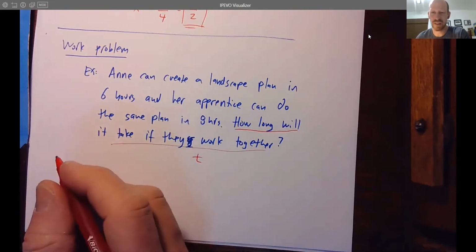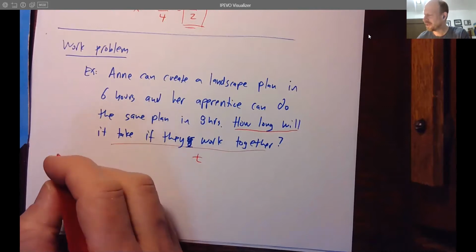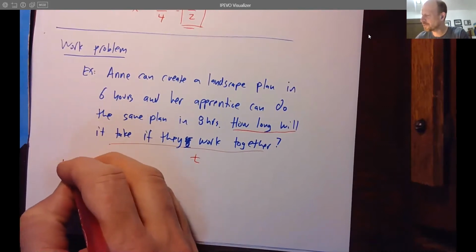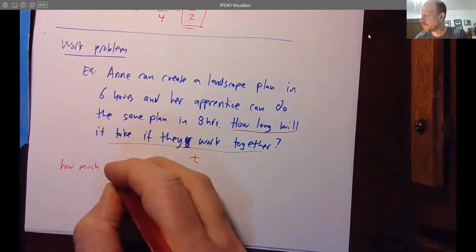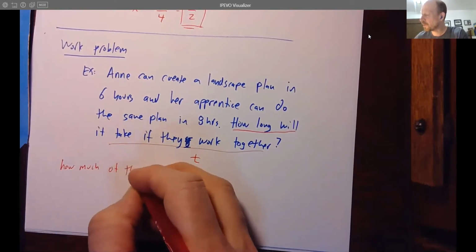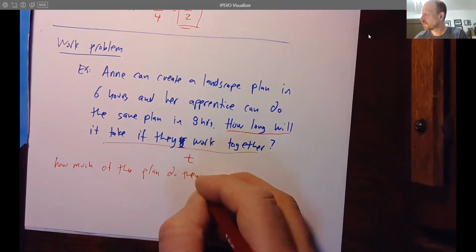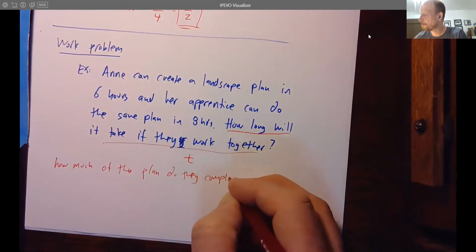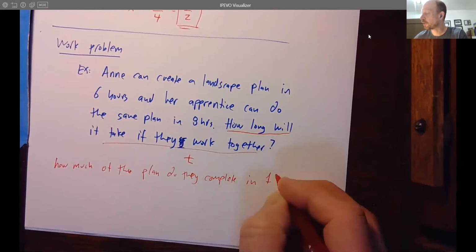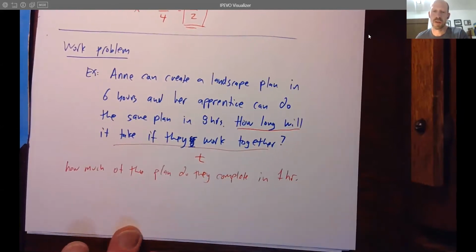And the special technique here is to look at how much of the plan do they complete in 1 hour. Now, again, this doesn't have to be hours. This could be minutes, or any kind of time increment that's being used.